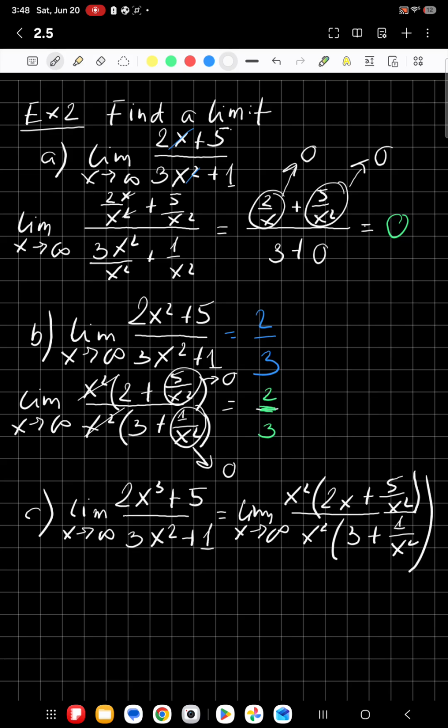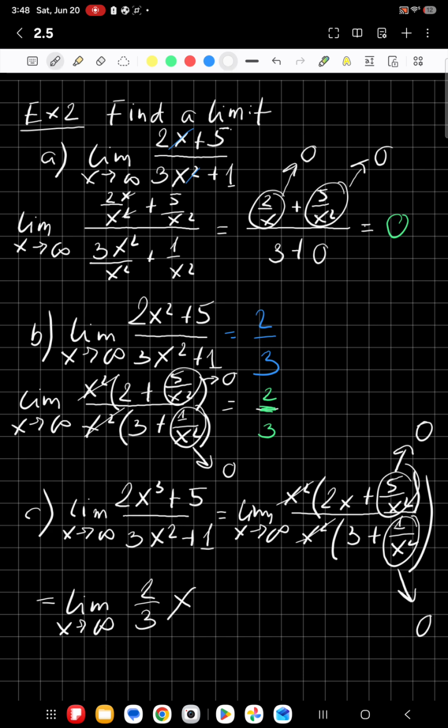Now this approaches 0, and this approaches 0. The x squared cancels out, and we end up with the limit as x goes to infinity of 2/3 times x.